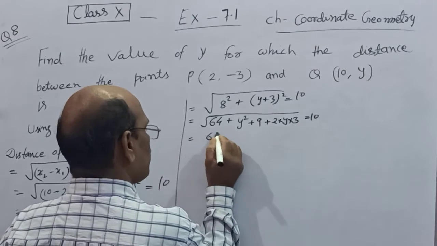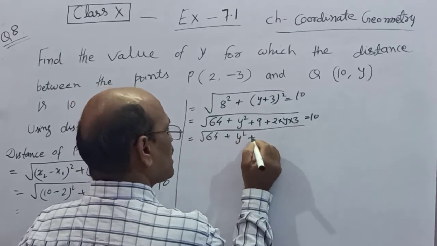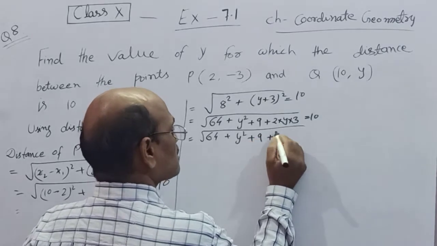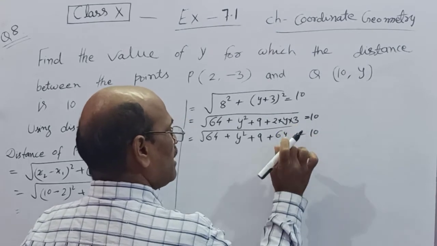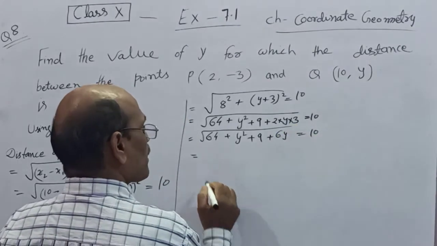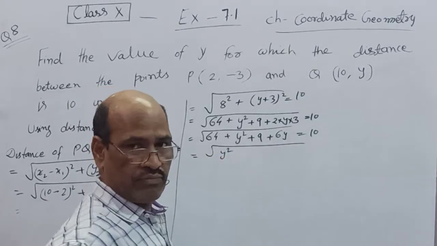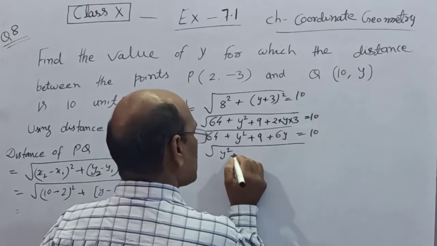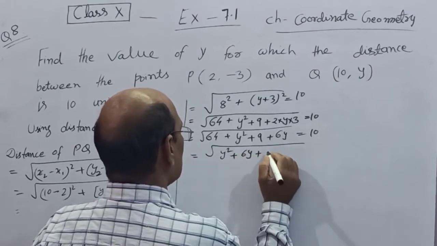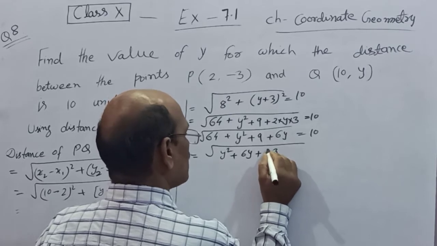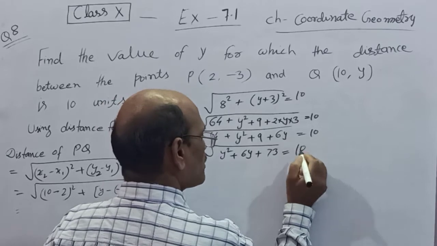And then 64 plus y square plus 9 plus 6y is equal to 10, right? And then arranging, y square plus 6y plus 73 is equal to 10.